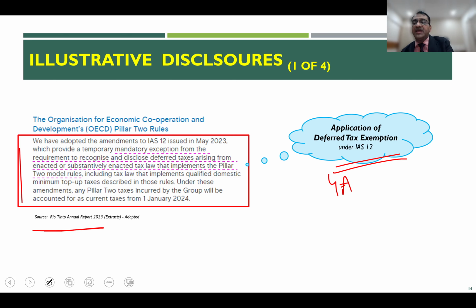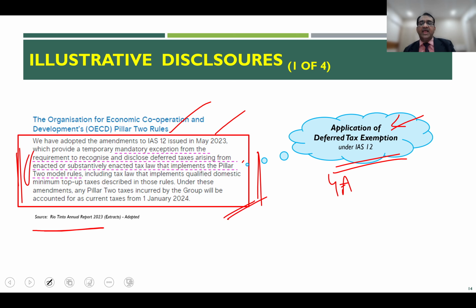What we saw. You see here, we have adopted the amendment to IAS 12, issued in May 23, which provides a temporary mandatory exception from the requirement to recognize and disclose deferred taxes arising from the enactment of Pillar Two rules. This is how you apply and disclose the mandatory deferred tax exemption related to Pillar Two rules.